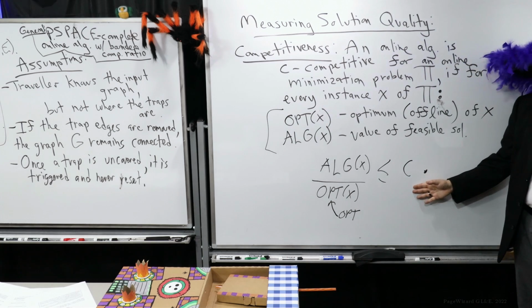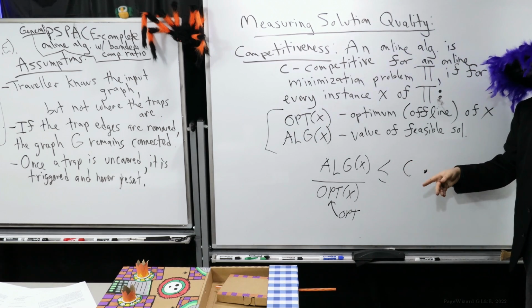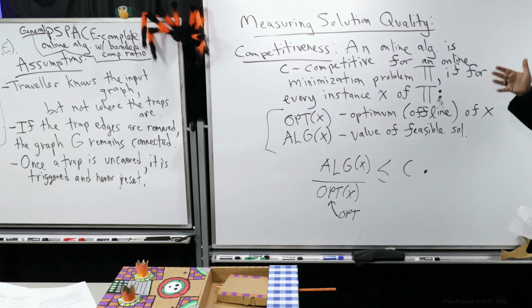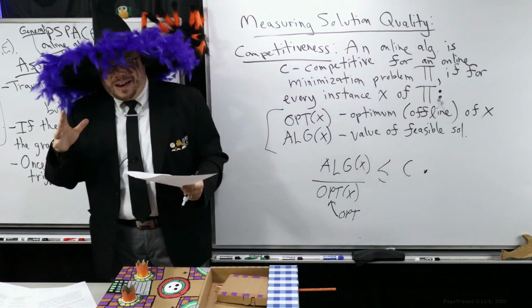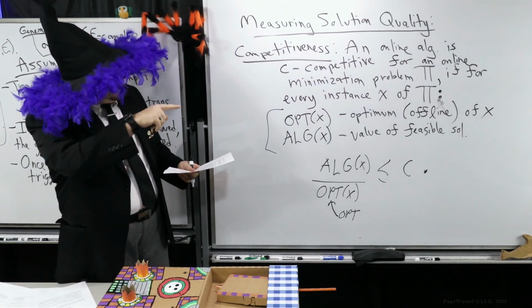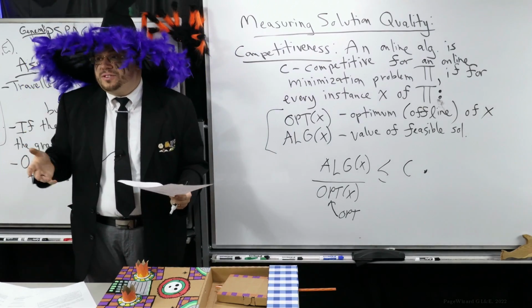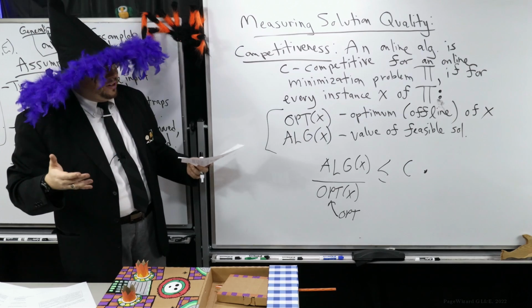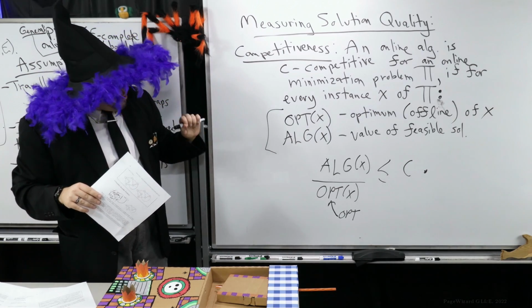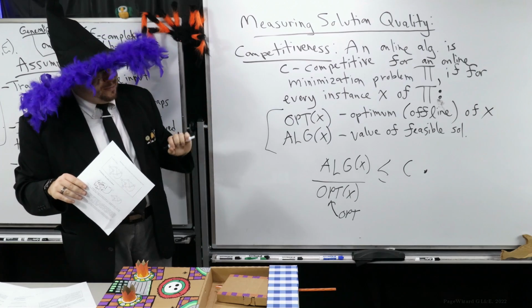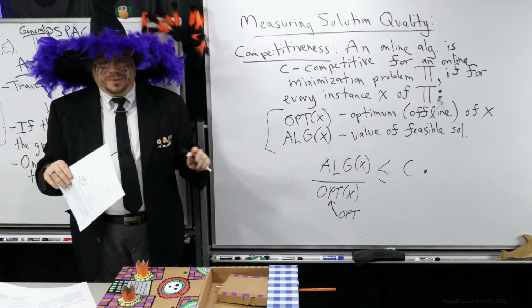So it means that if you actually take this together, I call it C competitive if whenever the algorithm gives me a solution, one. Now keep in mind, I'm using that word very loosely. I mean actually a feasible solution, one that follows the rules of the problem. May not be the actual shortest path, but it is in fact going to be always no worse than c times the value of the optimal. That's what this ratio means.